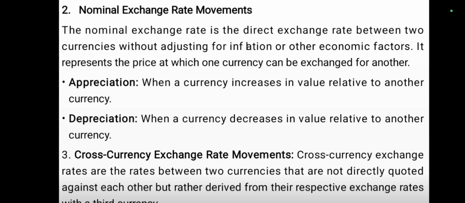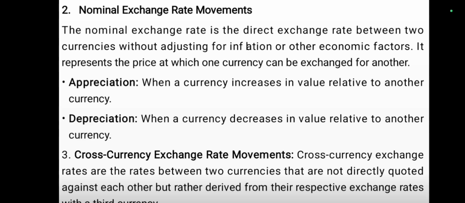So don't consider it as appreciation just because the number has increased. The spot rate is 86 rupees, tomorrow the rate becomes 89 rupees, an increase of 3 rupees, but that is not appreciation. That is depreciation. Appreciation is when the currency rate of 1 US dollar comes to 83 or 80, because the value of the Indian rupee is increasing.